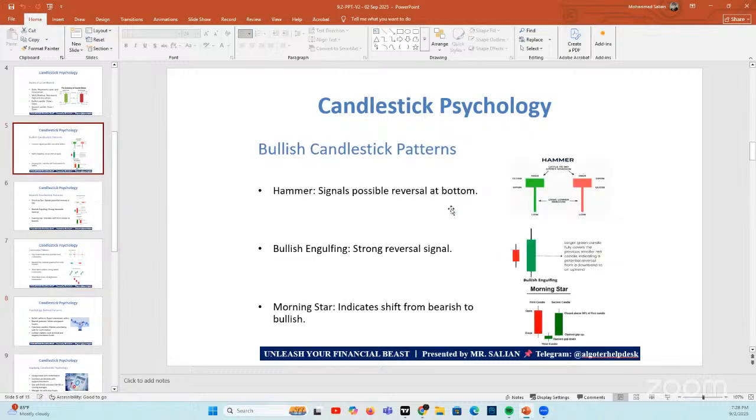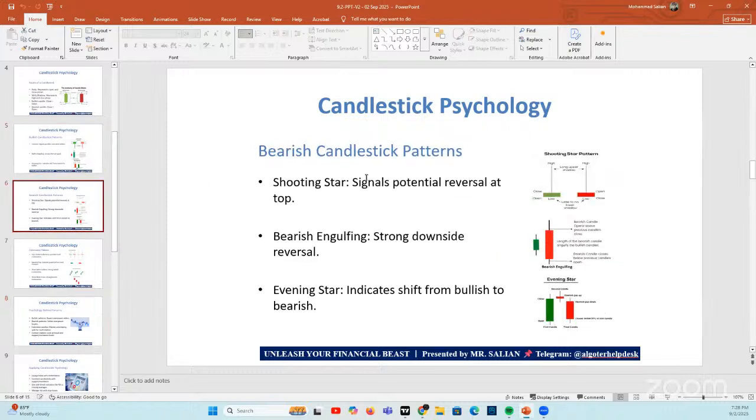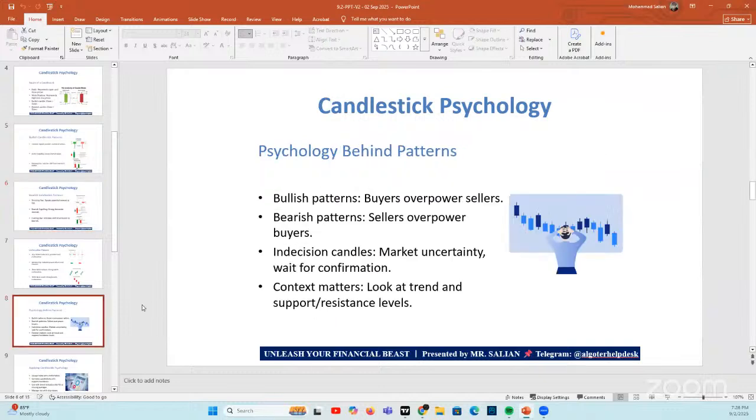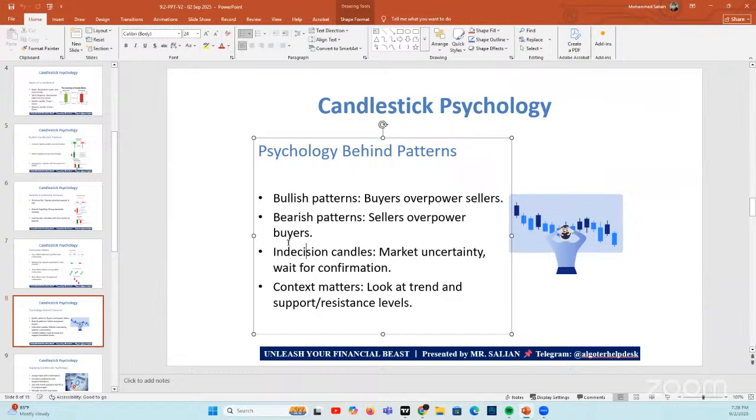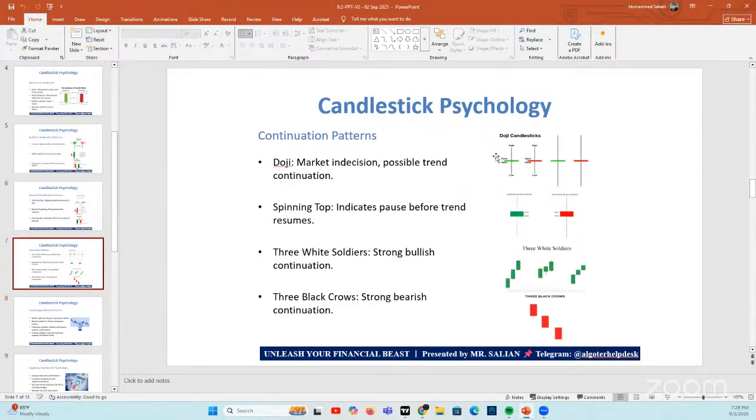While the bearish candlestick patterns, sellers overpower the buyers. Very easy. That's all the psychology I can explain. Indecision candles, market uncertainty. Wait for confirmation. It means prices are just going nowhere here.